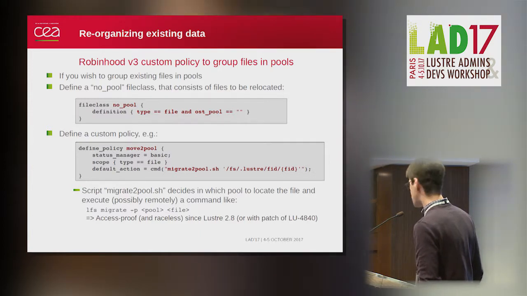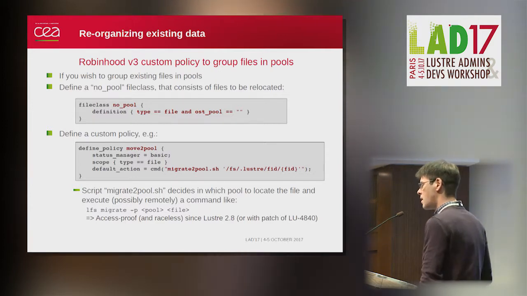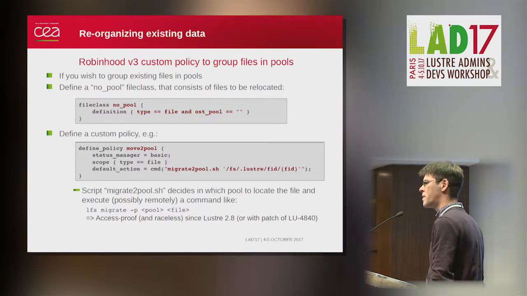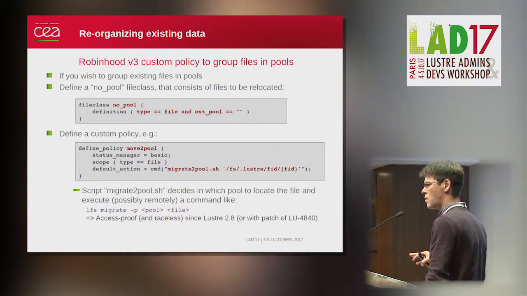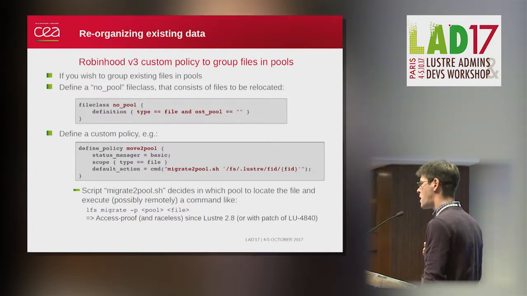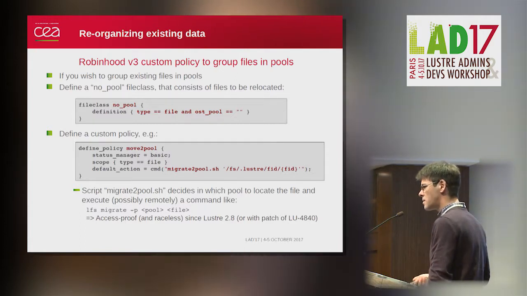Notice that LFS migrate since Lustre 2.8 is safer. Previously, it used a group lock to prevent user accesses during the migration, which forbade any access to the file while the copy was done. And moreover, it was racy. You had a race between releasing the group lock and switching the layout.